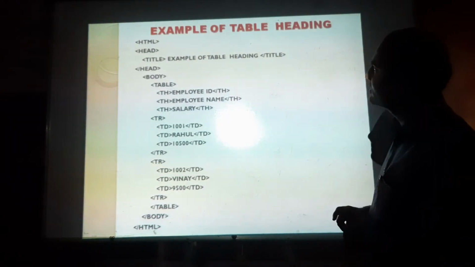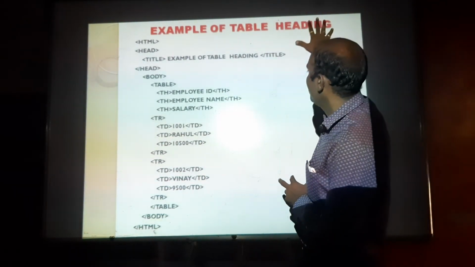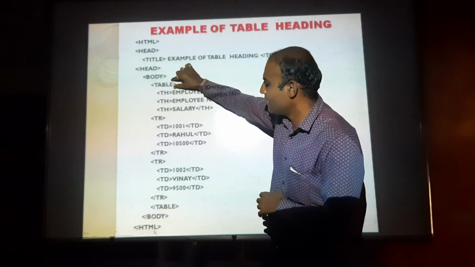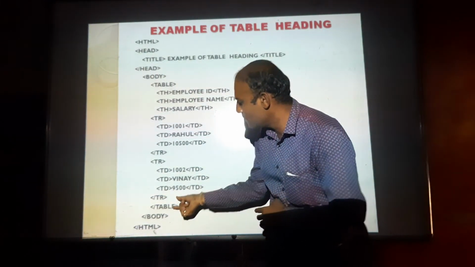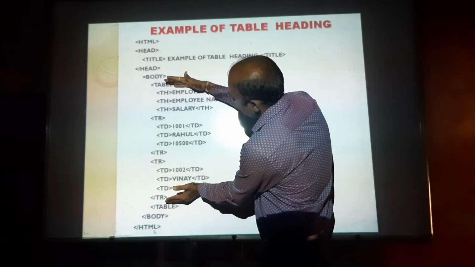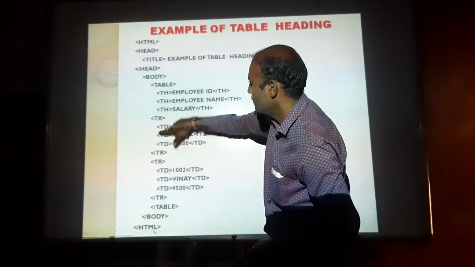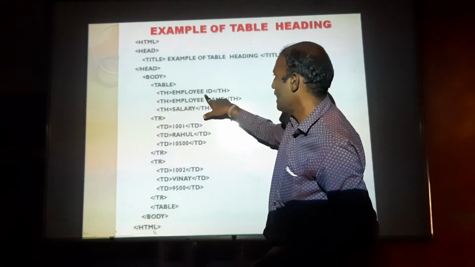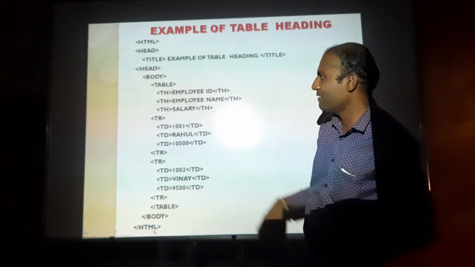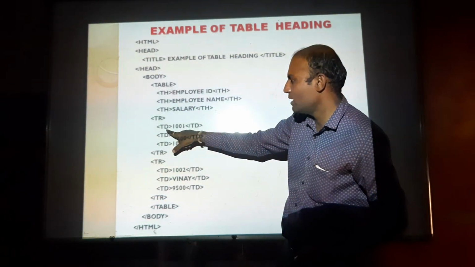This is an example of a table where we have used TH tags. Opening table tag, closing table tag. Within this table tag we need to have the number of rows. Here TH employee ID, TH employee name, TH salary. Next TR, so TD table data.